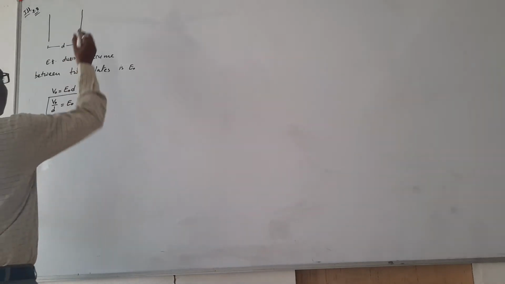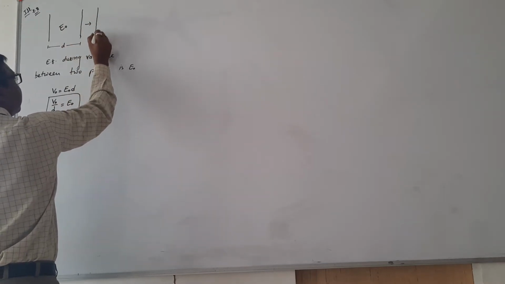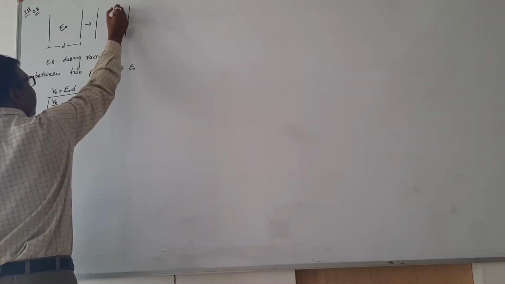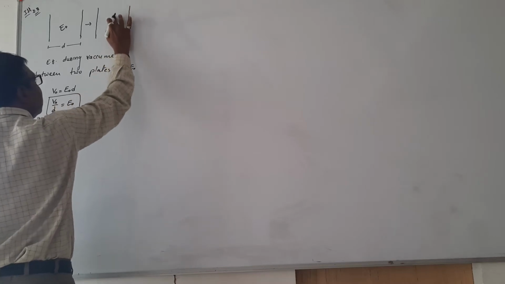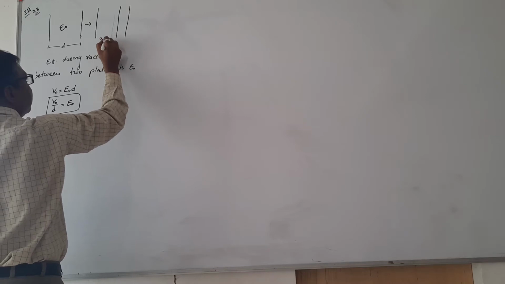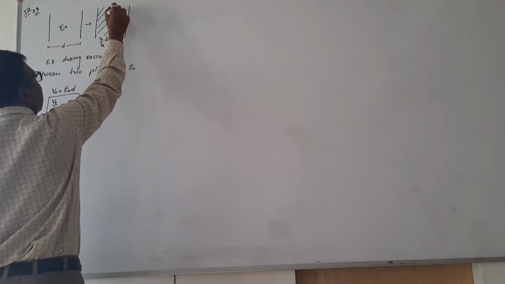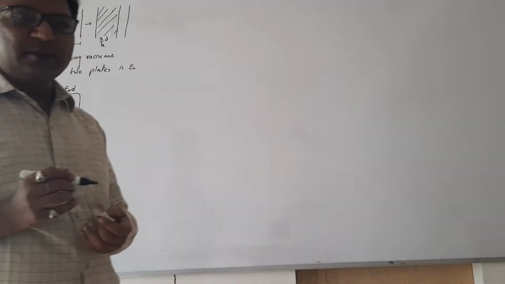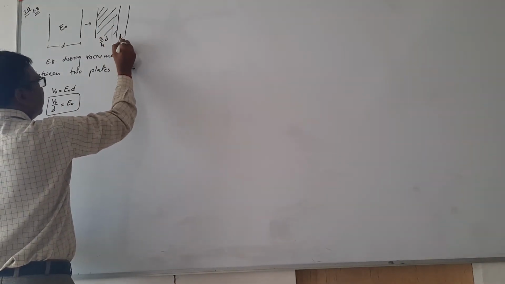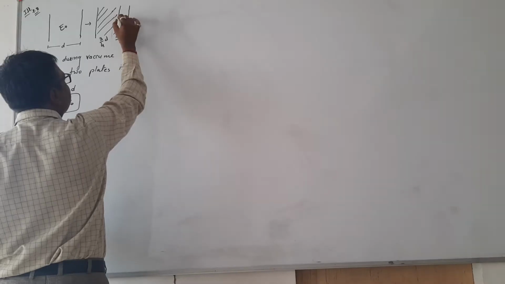But now, here it is E0, but when a medium of 3/4 D is inserted, a dielectric object is inserted, and here D by 4, this area is for vacuum.